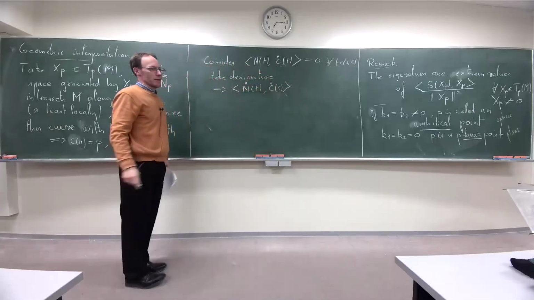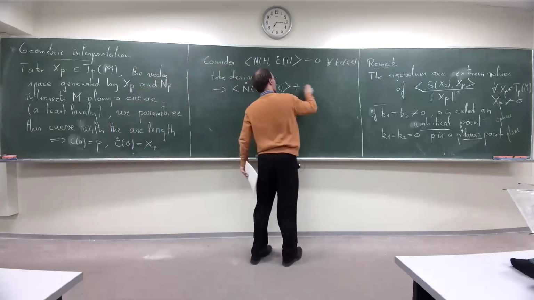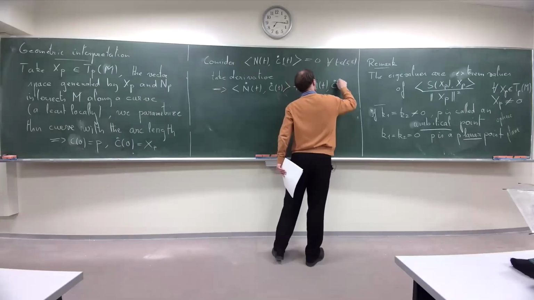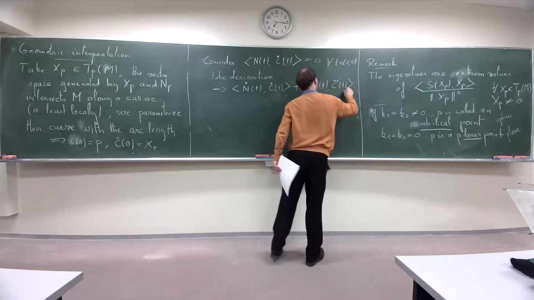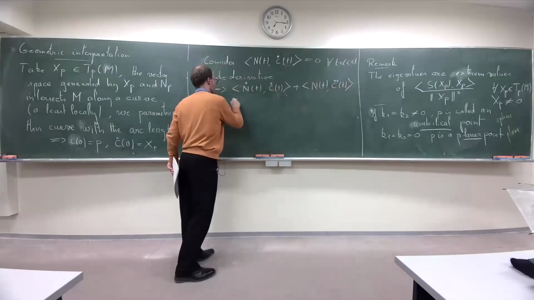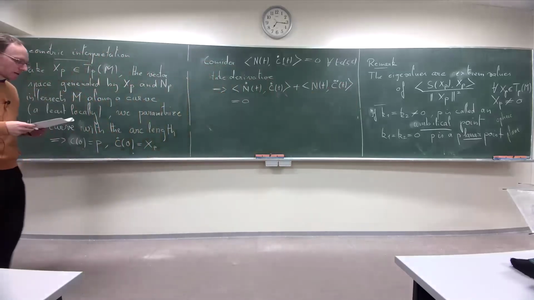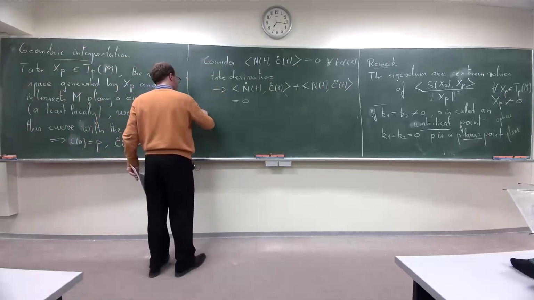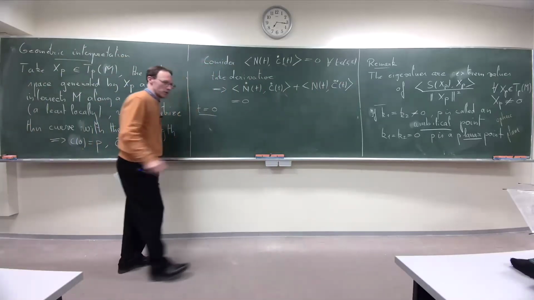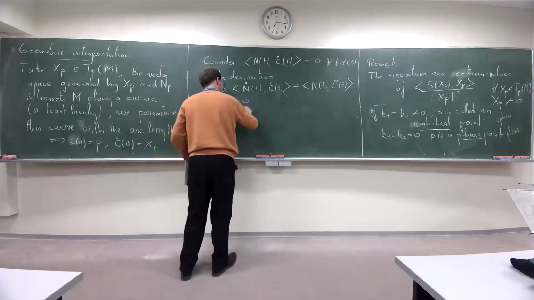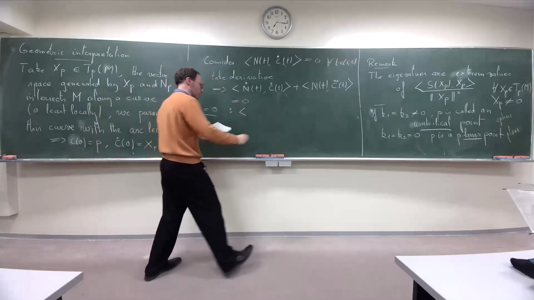We have two dependencies in t, so we have two terms, plus n(t) c double dot(t). And of course, it's 0 because the function itself was 0. So now we take t equal to 0.